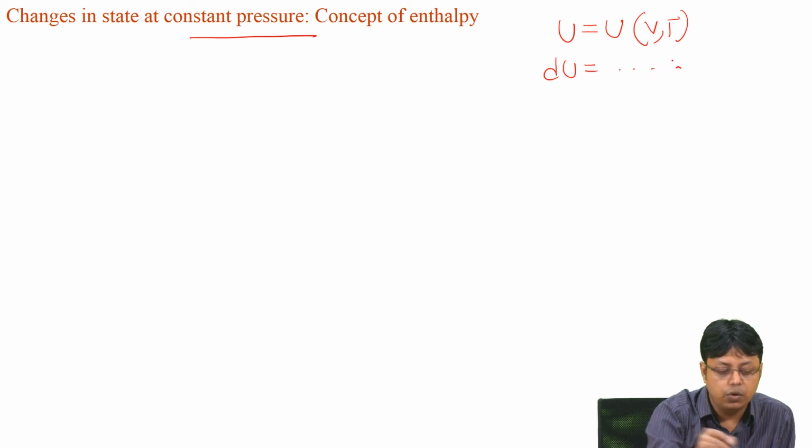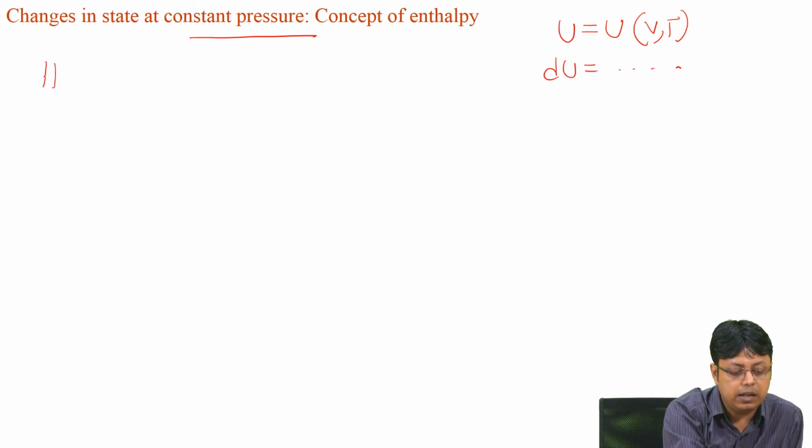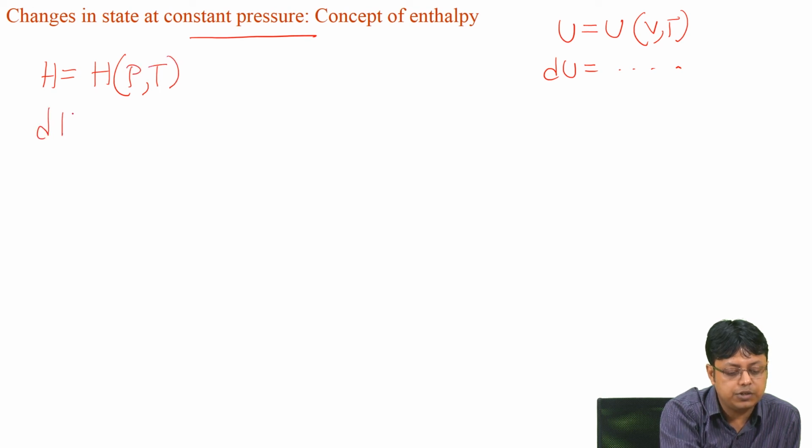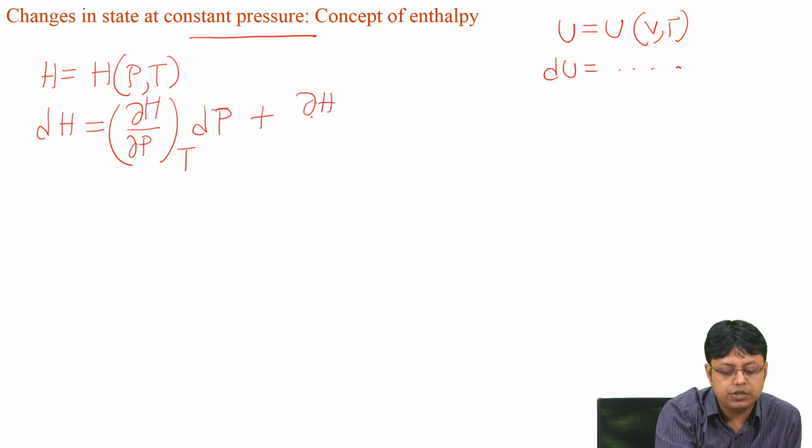In this case, we write the enthalpy as a function of pressure and temperature, and write the total derivative of H as the partial derivative taken with respect to pressure keeping the temperature constant, plus the partial derivative taken with respect to temperature keeping the pressure constant.